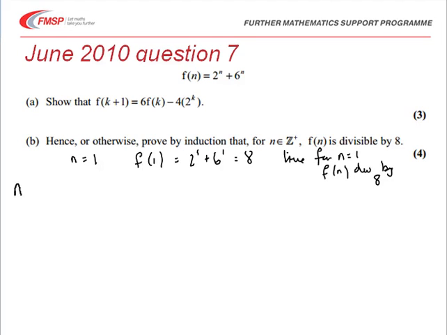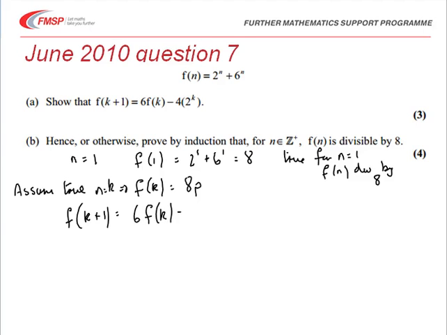We then assume that it's true for n equal to k. In other words, we can write f of k as 8 multiplied by something. Let's call it p. F of k plus 1, using the formula that we've just worked out, we've shown that f of k plus 1 is 6 f of k minus 4 times 2 to the power k.